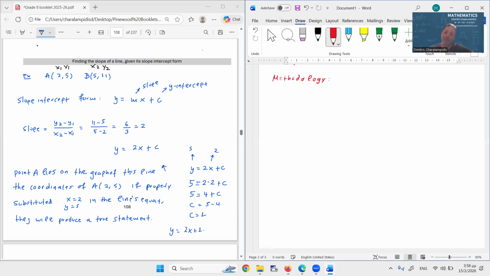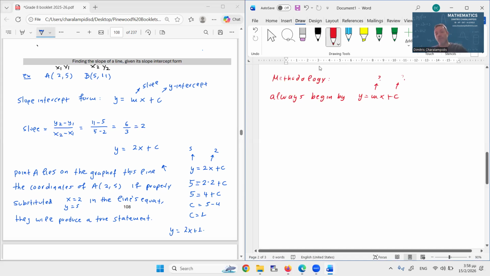We always begin by just writing y equals mx plus c. Remember that if we find the values of m and c, we'll be done. The question will be over.